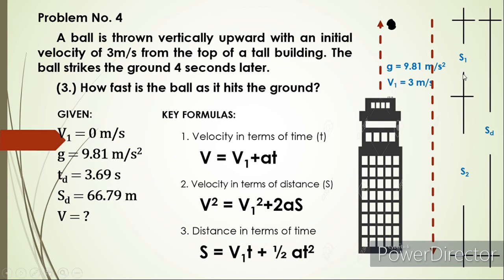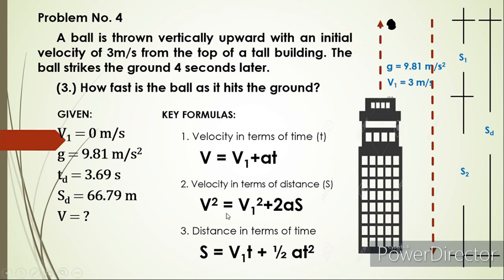Then, gravitational acceleration, which is 9.81 meters per square second. Time traveled downward, di ba nakumpute natin to kanina, which is 3.69 seconds. Then we have the distance traveled mula doon sa highest peak papunta doon sa baba na 66.79 meters.